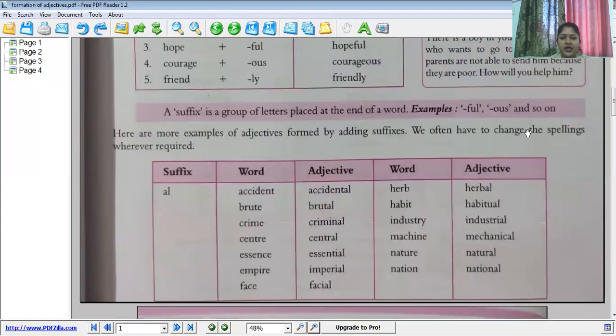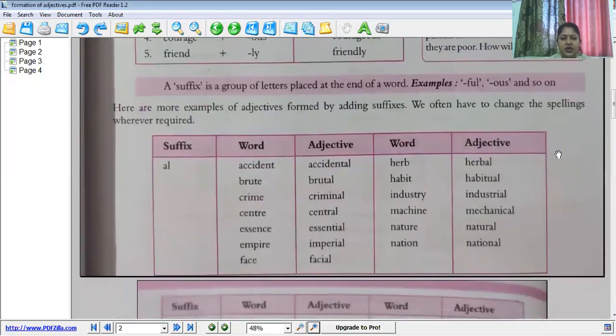So children, I'll quickly read these out, and you'll see there are two sentences. Where do you use al? Accident will become accidental, brute, brutal, crime, criminal. Center will become central. Essence will become essential. Empire will become imperial. Now, not empiral.